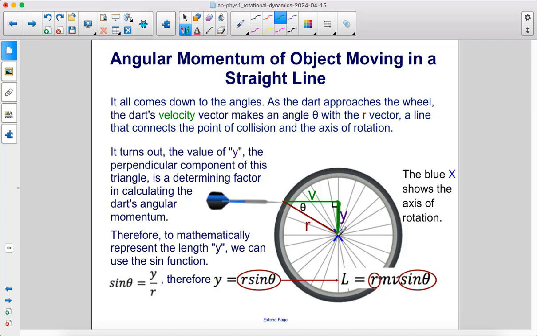Therefore, to mathematically represent the length y, we can use the sine function. Sine theta is opposite over hypotenuse, that's y over r. Therefore, y, the component we care about, equals r sine theta. And that's where we get this r sine theta in the equation.